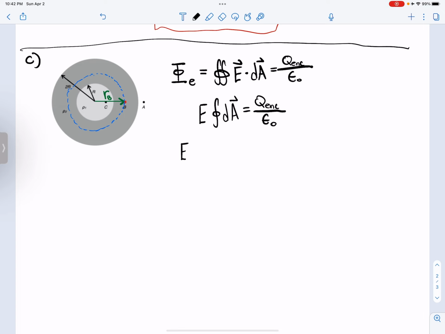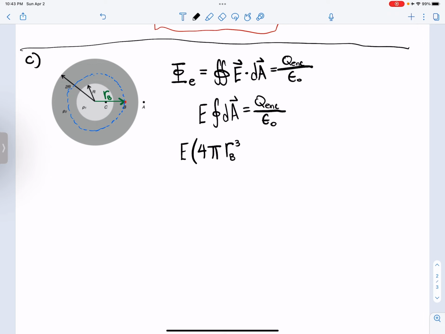So that's going to be E times 4 pi RB cubed. I'm sorry, did I say cubed? That's for volume.